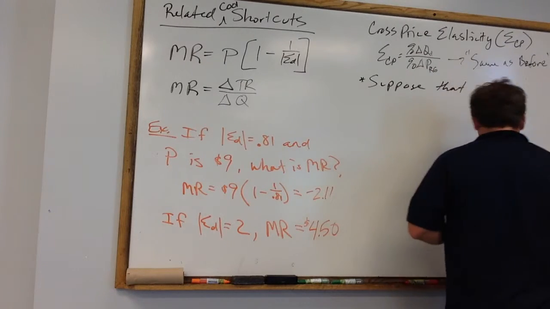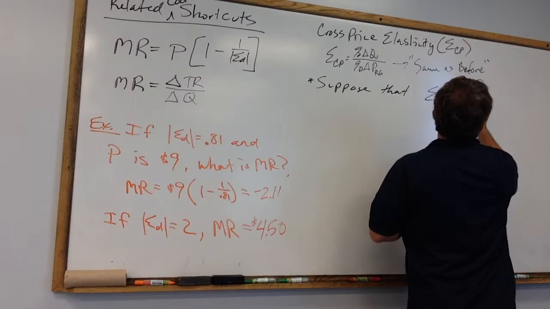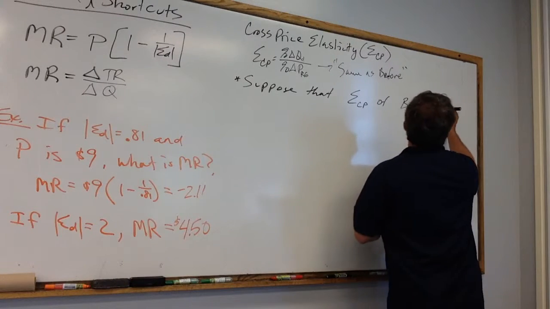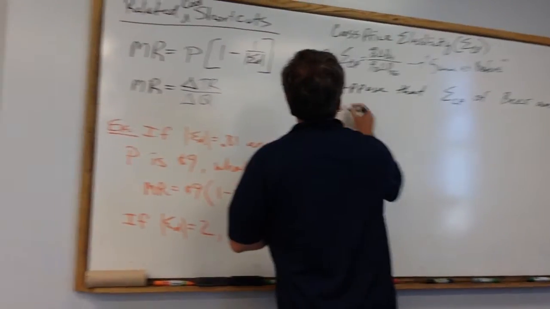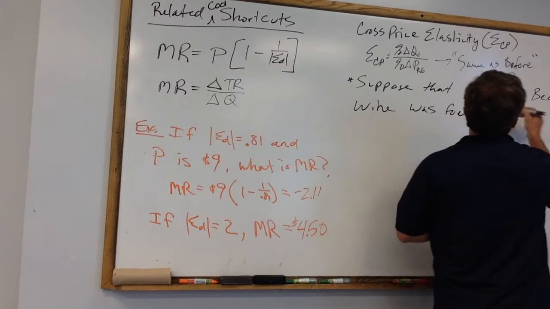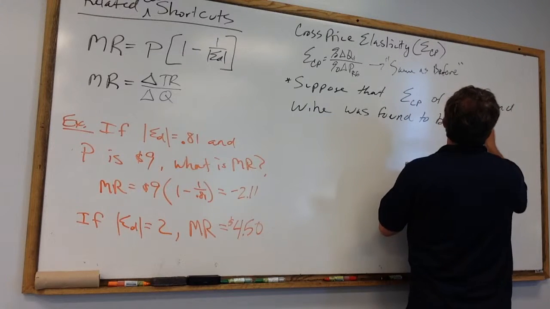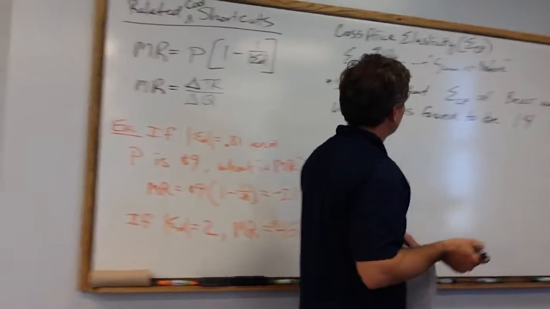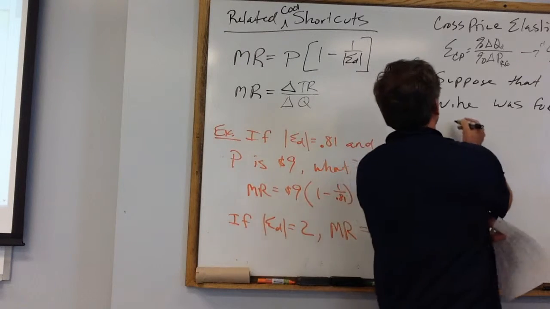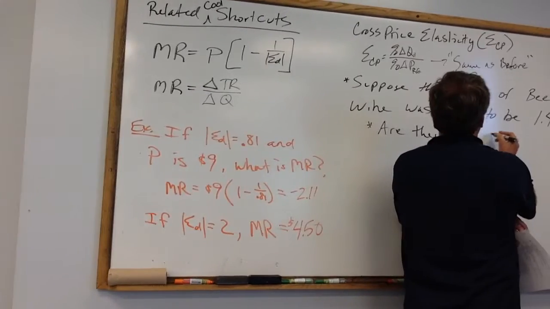Suppose that the cross-price elasticity of beer and wine was found to be 1.4. Are they substitutes or complements?